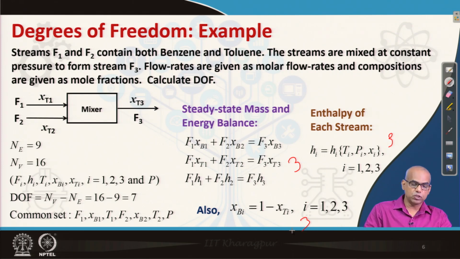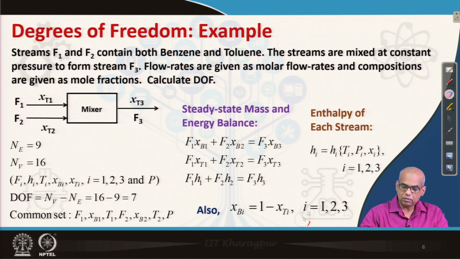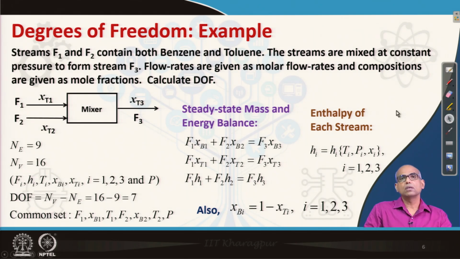The same may be for stream 2, so 6, and then pressure 7. So, these are the 7 common sets which will be chosen to completely specify the system.